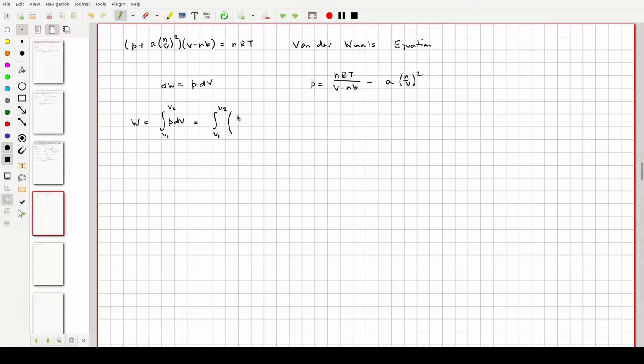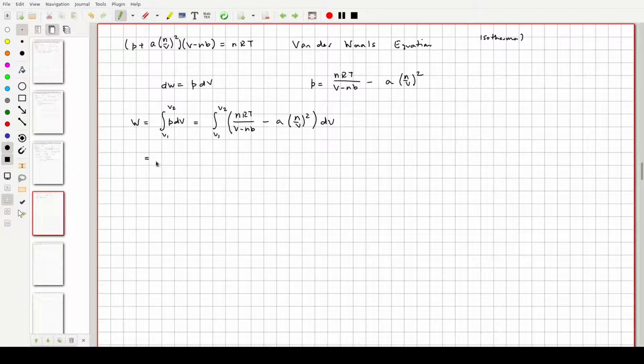So that's going to be the integral of nRT divided by V minus nb, minus a n squared over V squared, dV. Now, a lot of this stuff is constant. Not knowing an explicit relationship with temperature here, we're going to assume for the moment that we're dealing with just an isothermal case. So this will be isothermal.